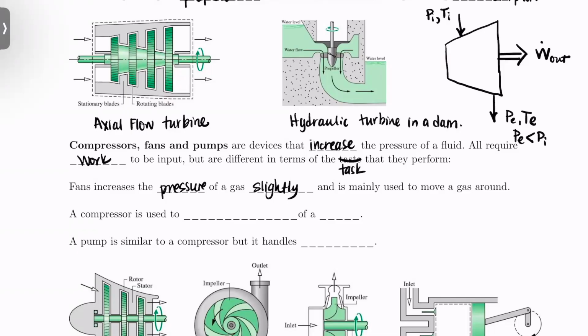A compressor is used to increase the pressure of a gas substantially. And then a pump is similar to a compressor, but it's going to handle liquids instead of gases. Okay.